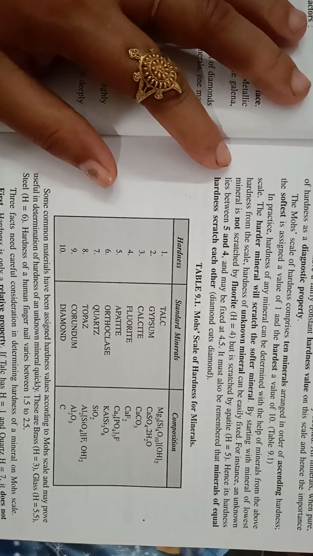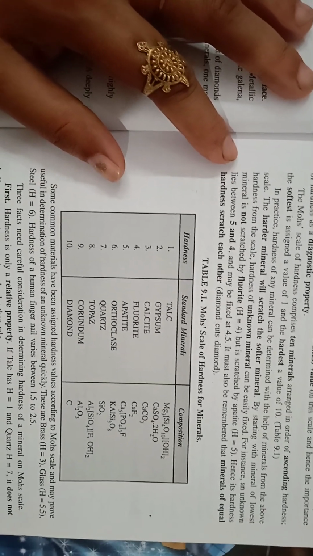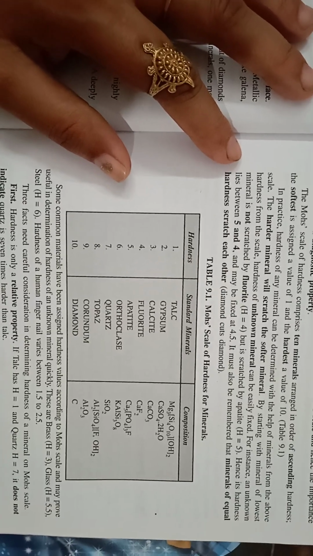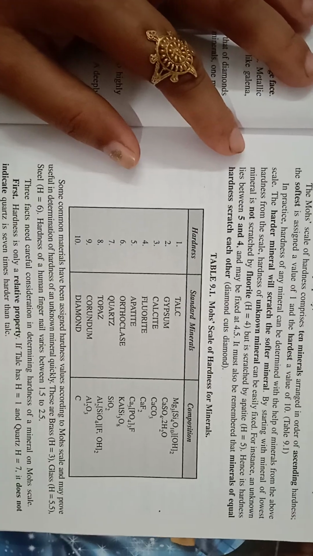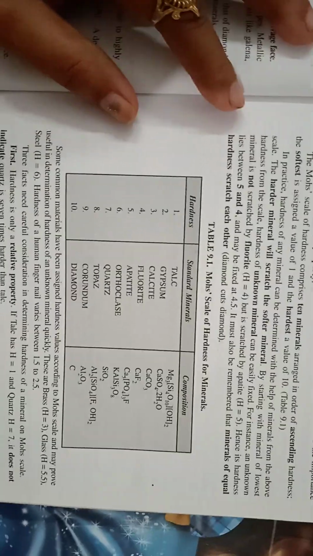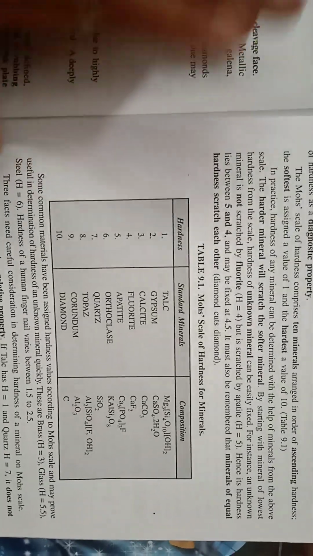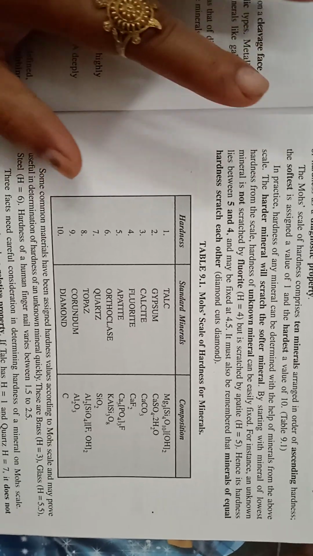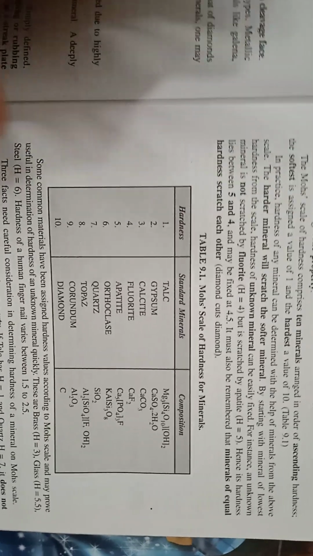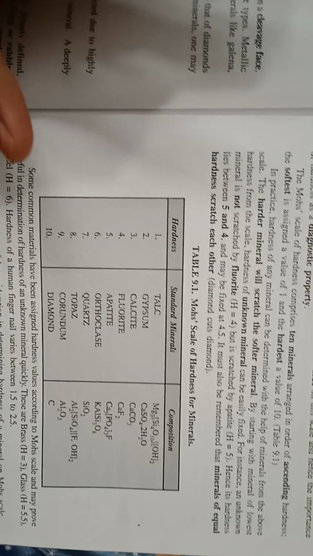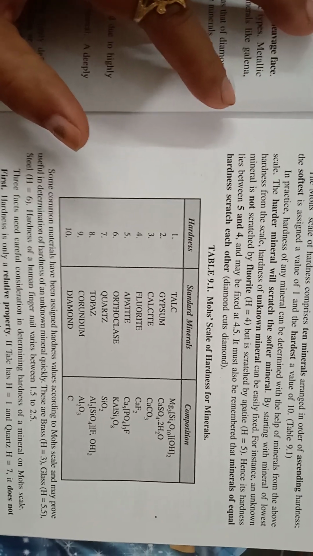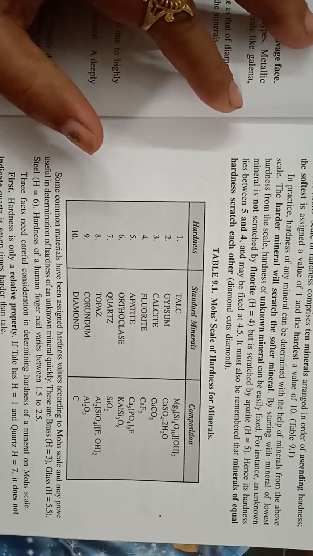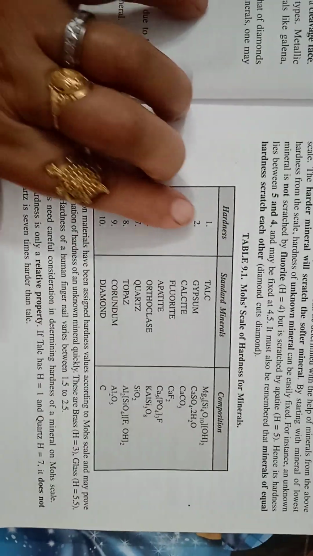For instance, an unknown mineral is not scratched by fluorite, hardness 4, but is scratched by apatite, hardness 5. Hence, its hardness lies between 4 and 5 and may be fixed at 4.5. It must also be remembered that minerals of equal hardness scratch each other. Diamond cuts diamond.